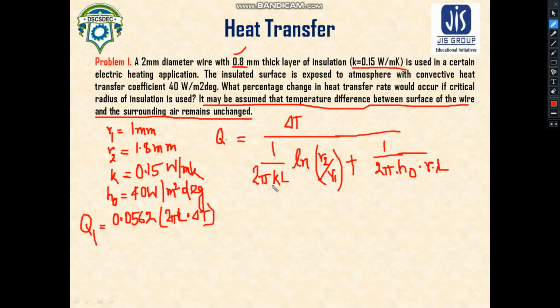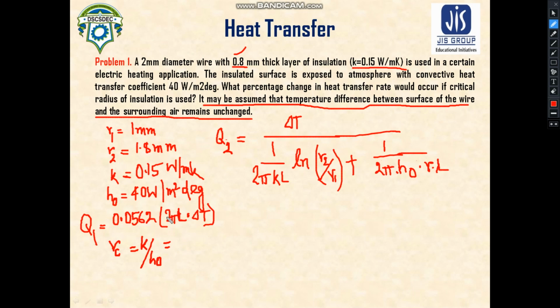Now what happens here? We need to use the critical radius of insulation. So the question is, do we know the value of the critical radius of insulation? Yes, we do know the simple formula. RC, or the critical radius of insulation, is nothing but k by ho.